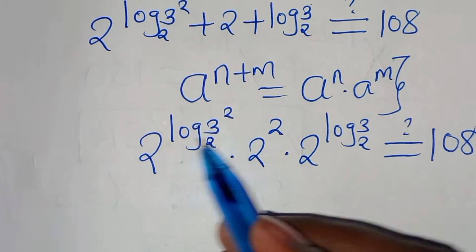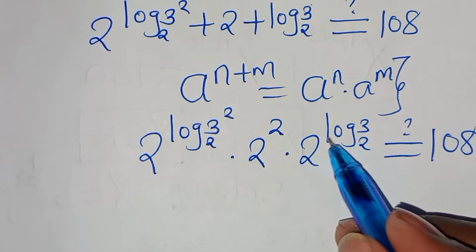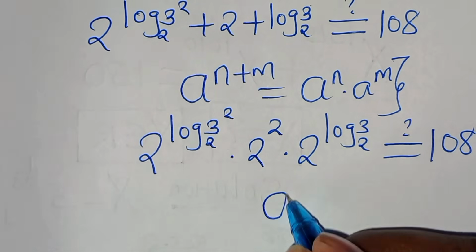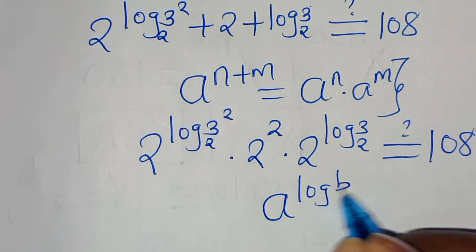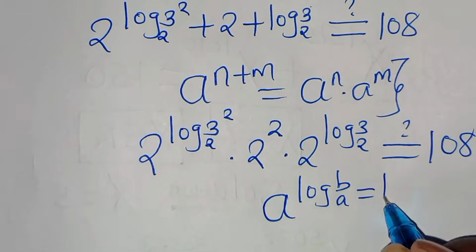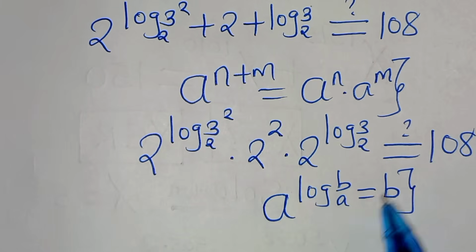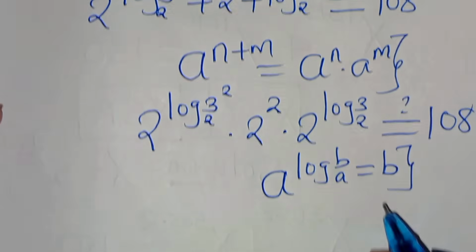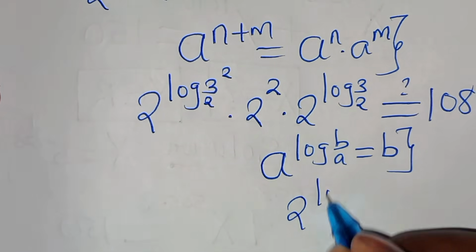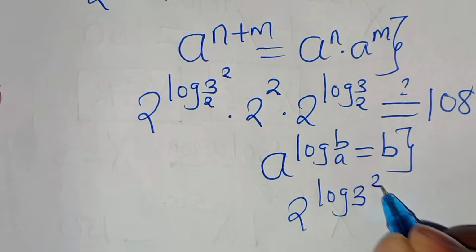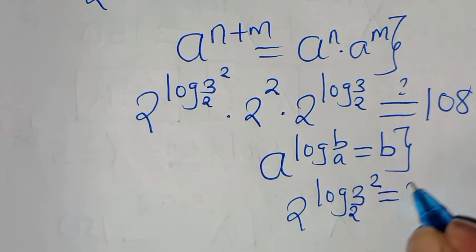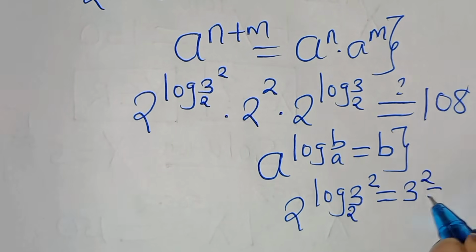Now 2 to the power of log 3 squared to base 2 and 2 to the power of log 3 to base 2 are in the form of a to the power of log b to base a, and this should give us a value of b. So let's apply this logarithm property so that 2 to the power of log 3 squared to base 2 is equal to 3 squared, which is equal to 9.